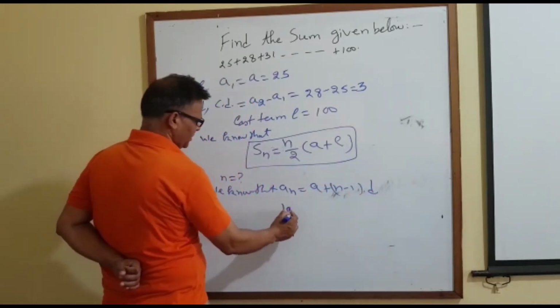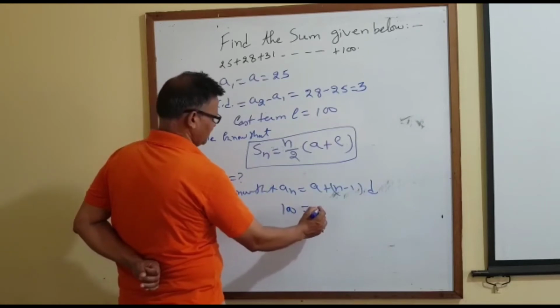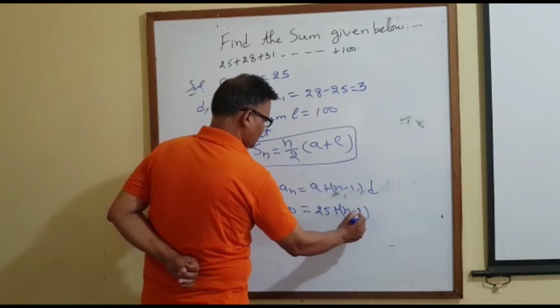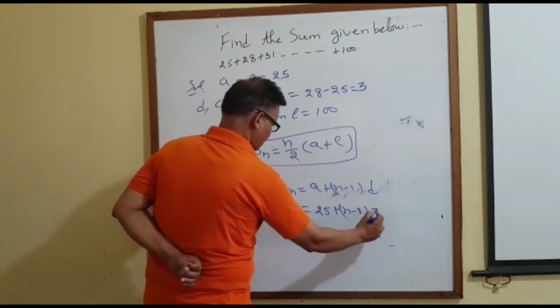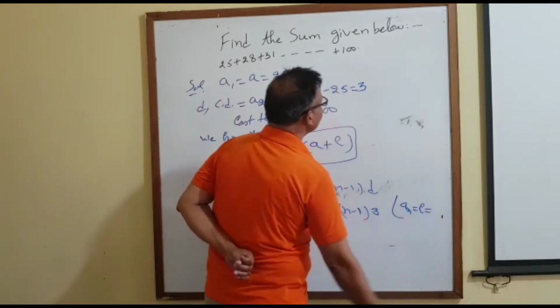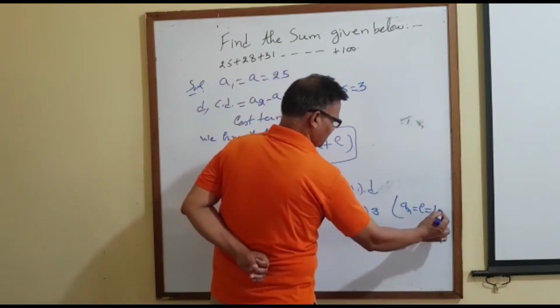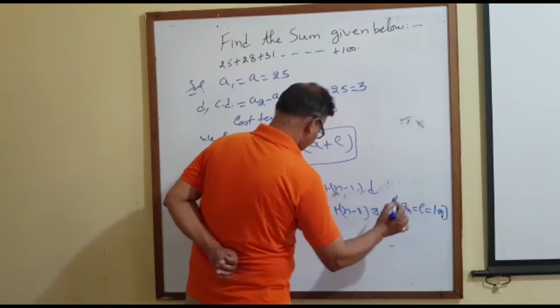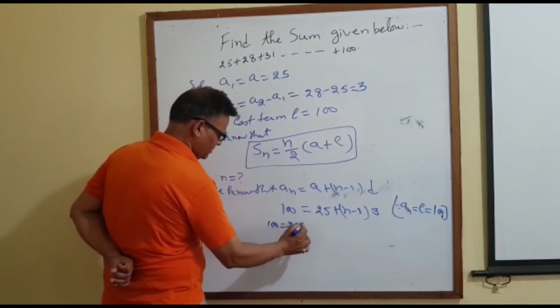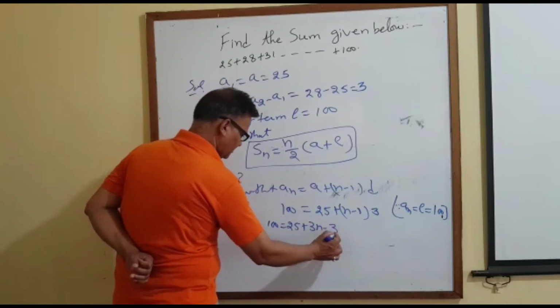So an is 100, a is 25, plus n minus 1 into d. d is 3. Here an is the last term, that is equal to l, that is equal to 100. So 100 is equal to 25 plus 3n minus 3.